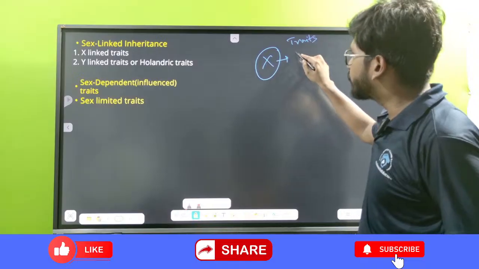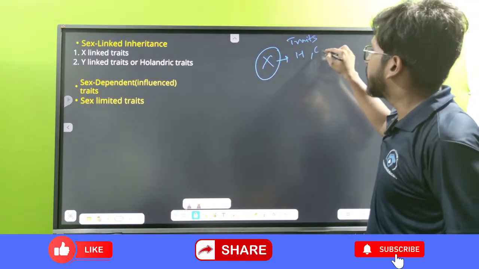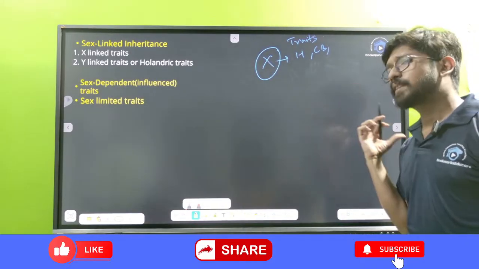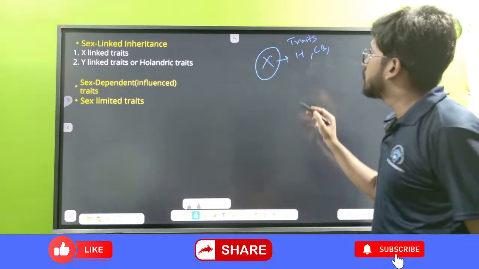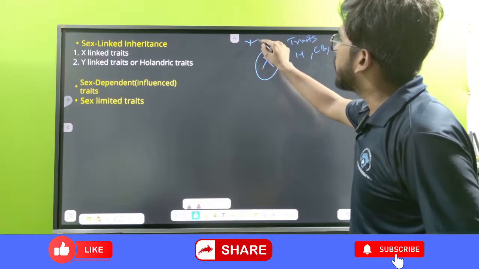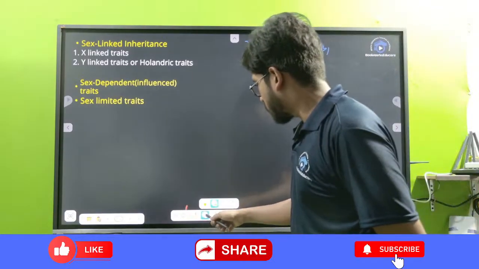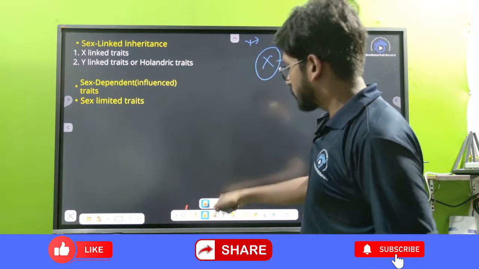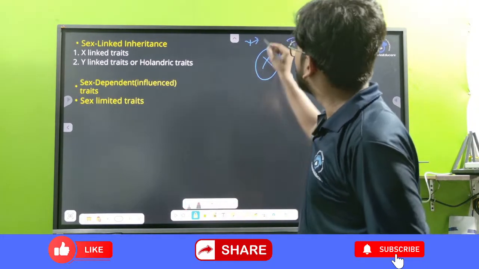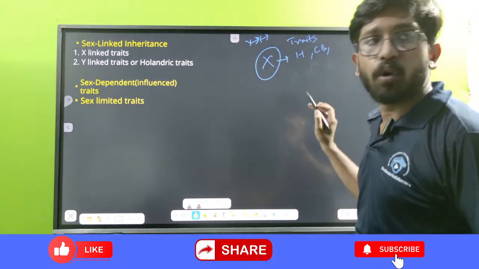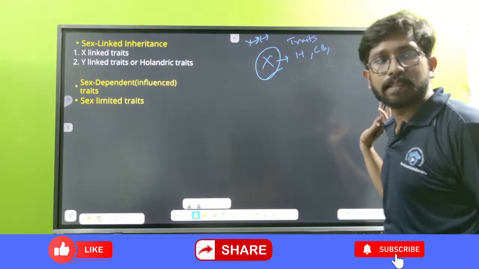For example, hemophilia हुआ, color blindness हुआ. These are characteristics that are linked with the X gene, means Y में इसका कोई प्रेजेंस ही नहीं है. They are not, sorry, minus होगा. They are not present in the Y chromosome at all. Okay, they are not present in the Y chromosome. X में इनका एक presence है.